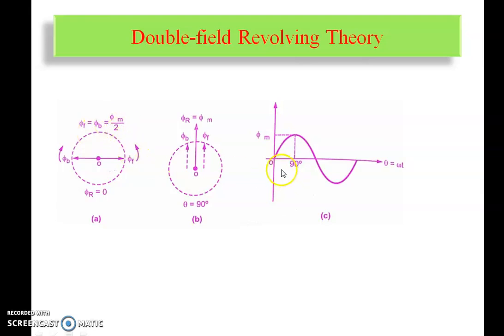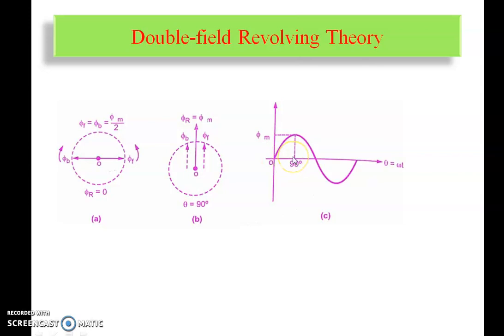At 0 degree, the components of the fluxes will cancel each other and the total flux becomes 0. So here we call the total flux phi is 0 at this instant.